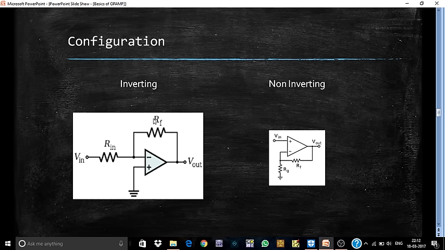As I said before, op-amp should work with negative feedback, and this is the series input resistance, and this is V0. In the non-inverting configuration, as I said before, the feedback should go to the inverting terminal, and this is the feedback resistance, and this is RG, and this is Vout and Vin.